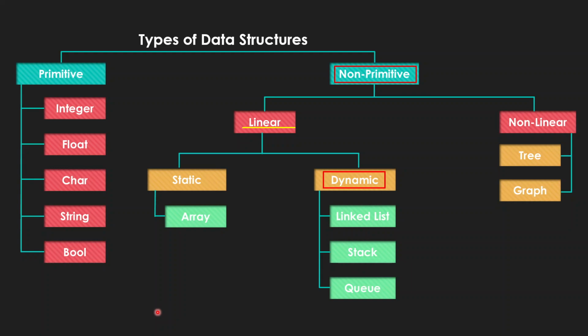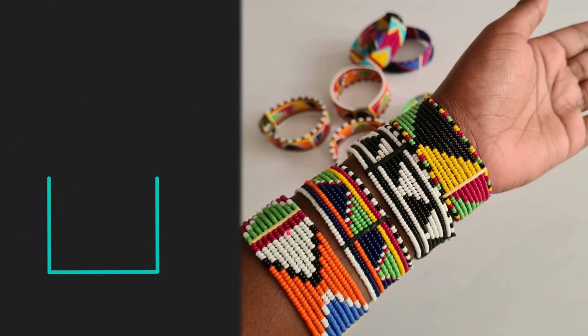Now, this is true depending on how you implement the data structure. As you're going to see, we can implement the data structure either using an array or using a linked list. But in Python, instead of using an array, we are going to be using a list, which is also dynamic. So let's move forward and see how this pans out.